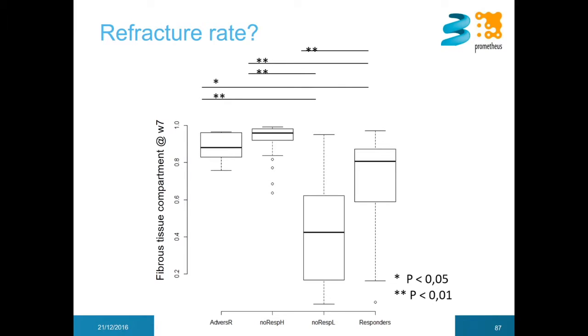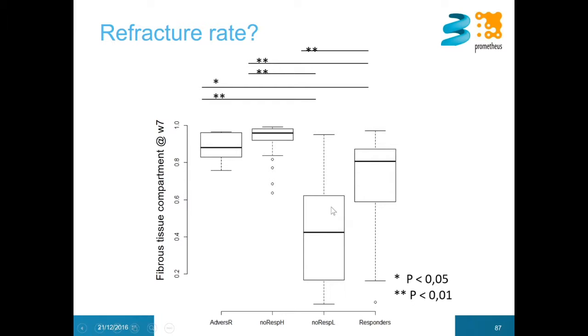What we then can do is look at refracture rate. So we have the responders, those are the patients that respond to the treatment. And then we have the non-responders low, those were the patients that were healing anyway. You see that there is a difference in fibrous tissue compartment.